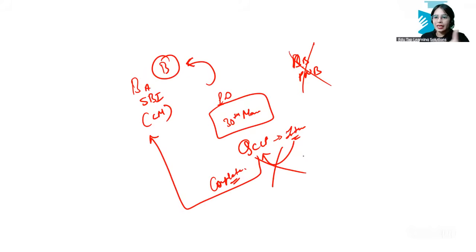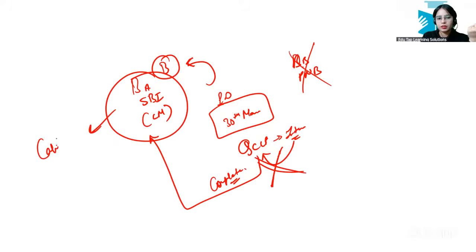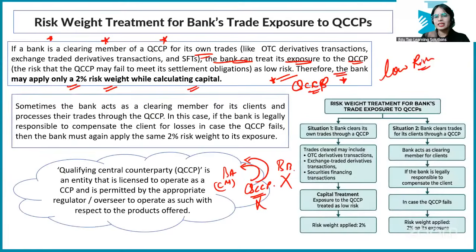Because it has gone under insolvency, it does not have money. What if this party also defaults? Then it is said that bank A has to maintain some capital with the risk weight of 2%. So failing of the qualified central counterparty is low risk. Low risk is there because there is a qualified central counterparty, but still some risk is there. And so to acknowledge that slight risk, a 2% risk weight has been set.